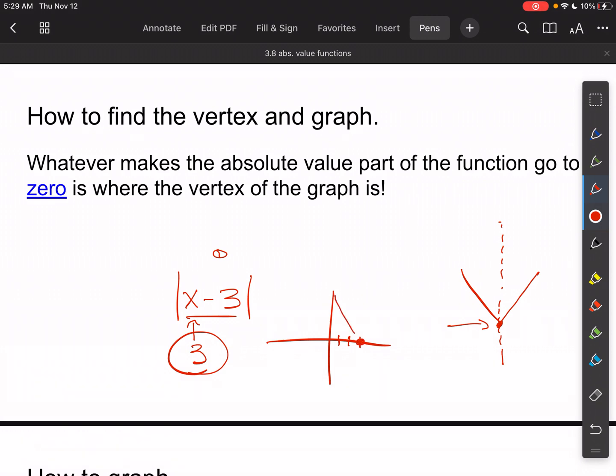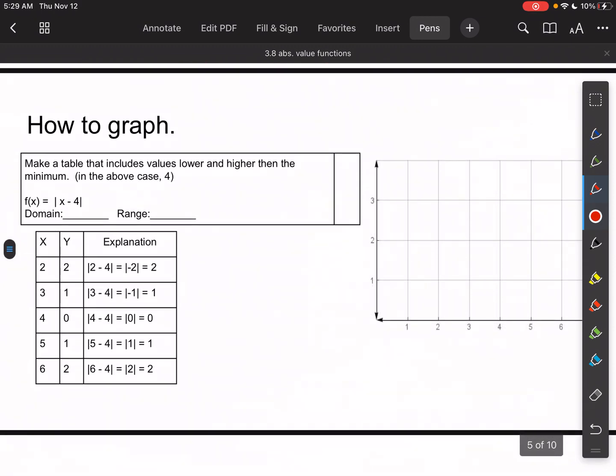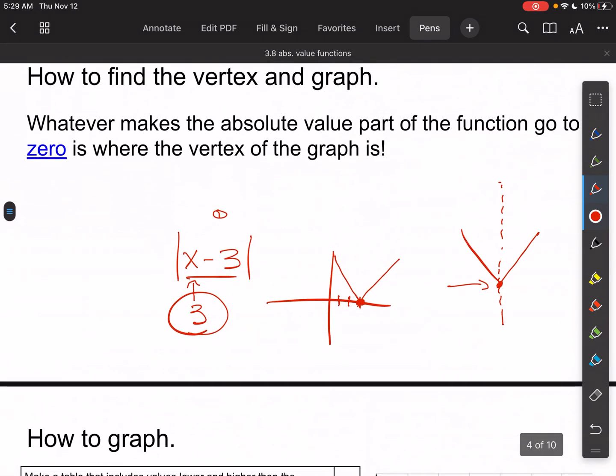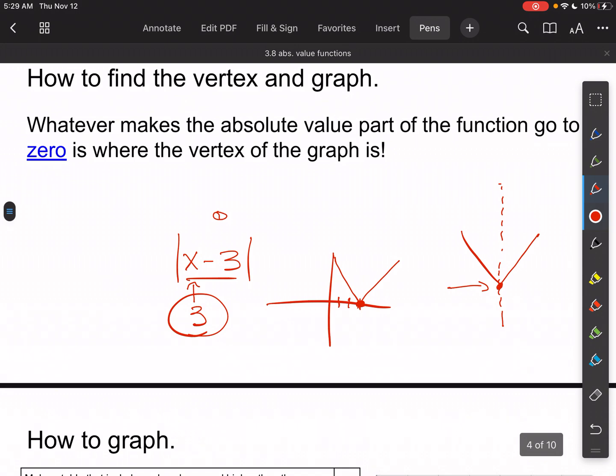So the vertex will be there, and it'll look something like this. Again, what you're doing to figure that out, if I didn't make this clear, is setting what's in the absolute value bars equal to 0 and solving. If you want to see that algebraically, this would be x is equal to 3.